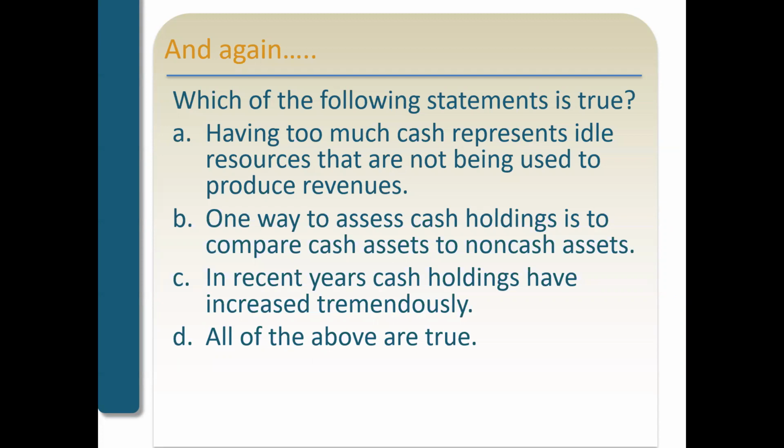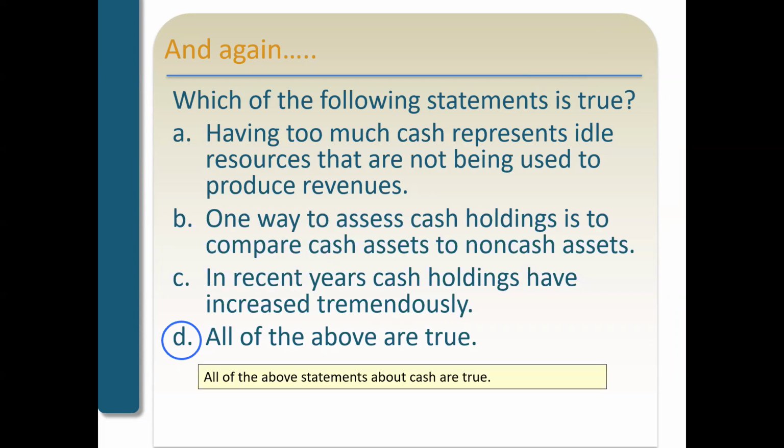Having too much cash can represent idle resources that are not being used to produce revenues. Yeah, that can be true. One way to assess cash holdings is to compare cash to non-cash assets. Yeah. In recent years, cash holdings have increased tremendously. Well, in this case, guys, these are all true here.